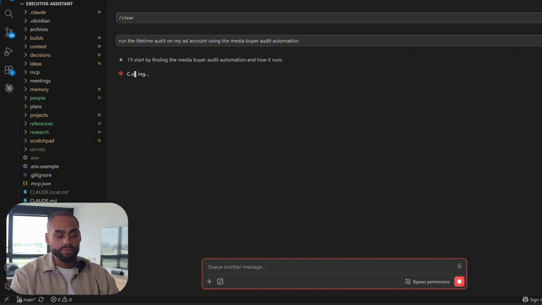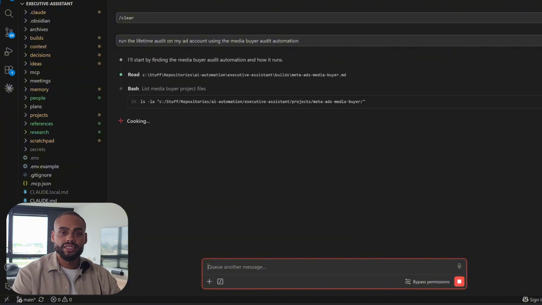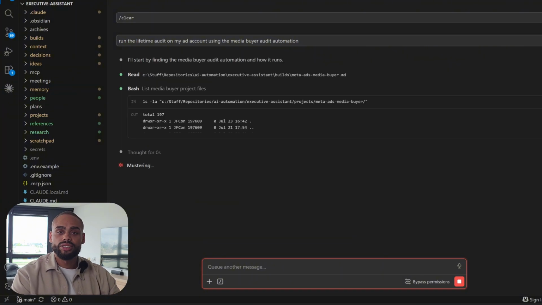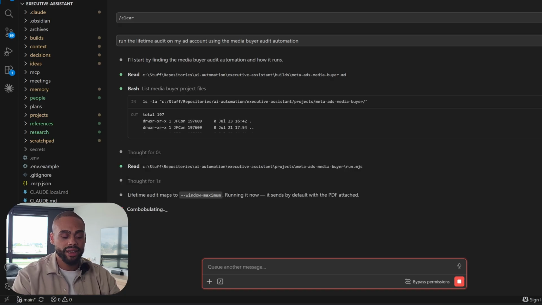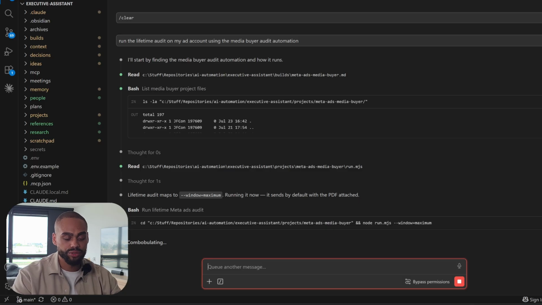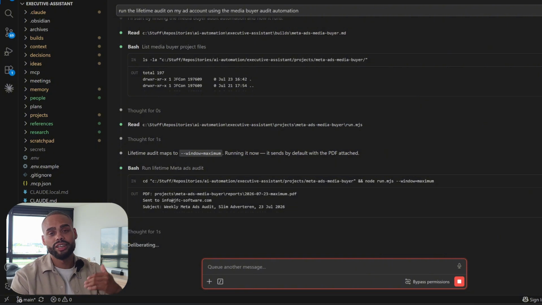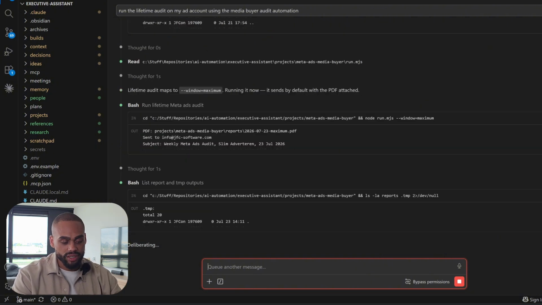And what's going to happen below the hood is a Claude agent is actually going to fetch all of this information from Meta using the Meta Ads API, and it's going to create the document for us and actually hand deliver it to us through our email. In this case, because I'm running it from my computer, it's also going to open the document for us right away, but it's also going to send it to our email for the purposes of this video.